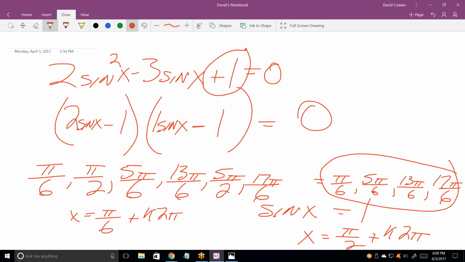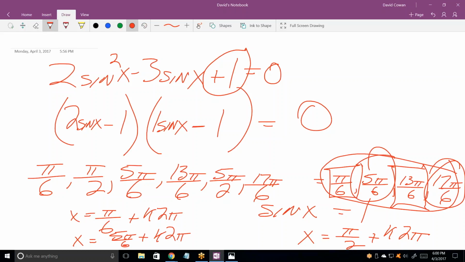That gives me that term and all future terms. Another answer is x equals 5 pi over 6 plus multiples of 2 pi. That gives me that answer and all future ones.